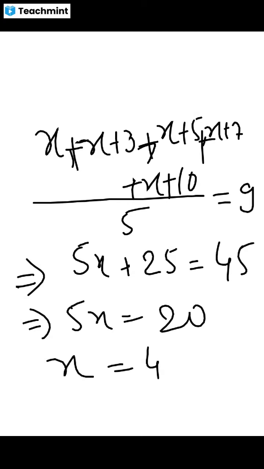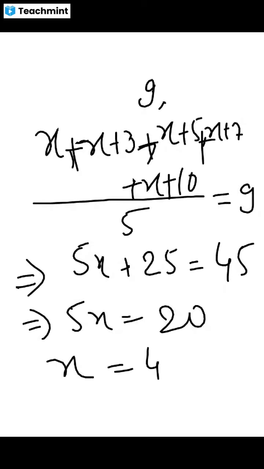Then the last three observations are what? x plus 5, 7 and 10. So 9, 11 and 14. Isn't it? 9, 11 and 14.